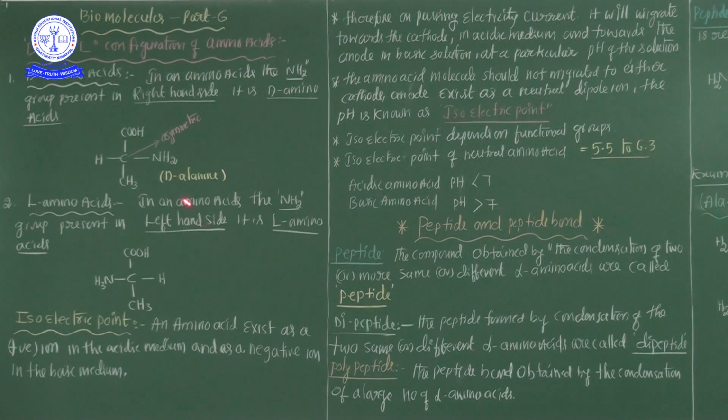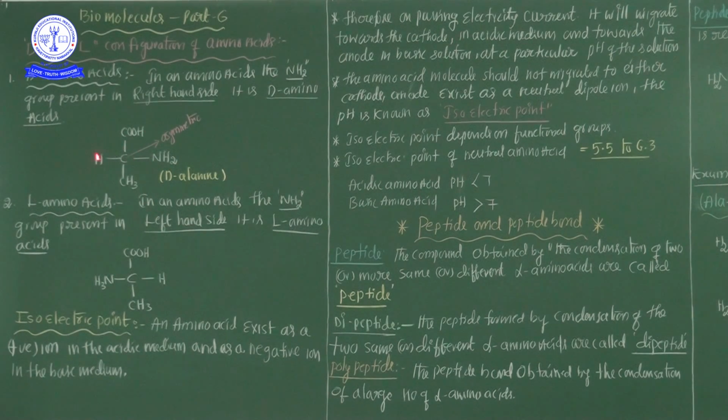See carefully. If in any amino acid the NH2 group is on the right side, that is called a dextrorotatory compound, a dextrorotatory amino acid. So in this example, in alanine, the NH2 group is on the right side, and moreover, this is an alpha amino acid.